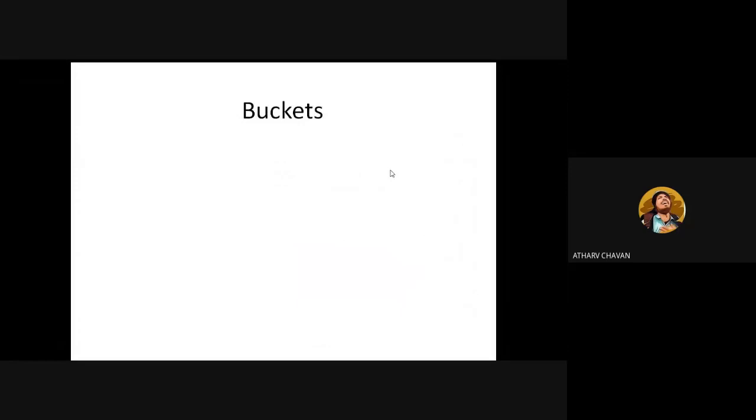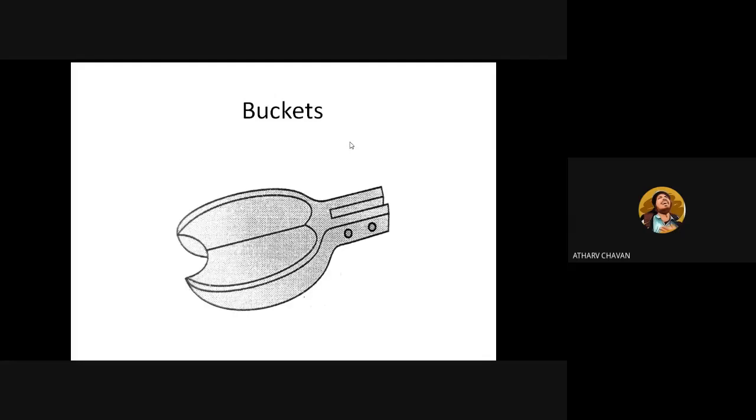Buckets. In the previous chapter we have studied the vanes. It is a similar concept; in this chapter we are calling them buckets. This is the bucket which ma'am showed us in the previous chapter. The only additional thing added here is the notch. There are basically two advantages of giving this notch.